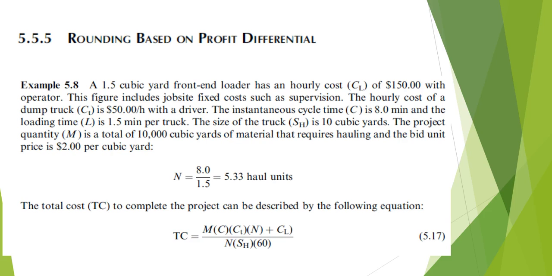Then the total cost to complete the project can be described by equation 5.17. Total cost, M is the project quantity, and you have the cycle time and the instantaneous cycle time, the number of haul units, the capacity of the haul units, and conversion factors.